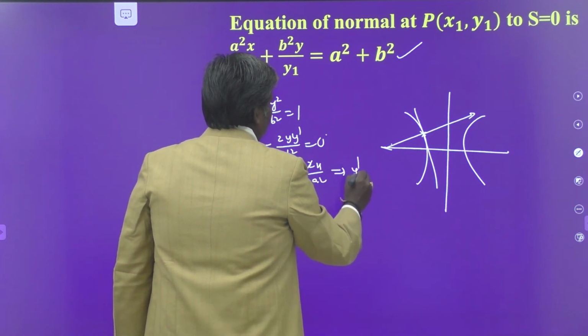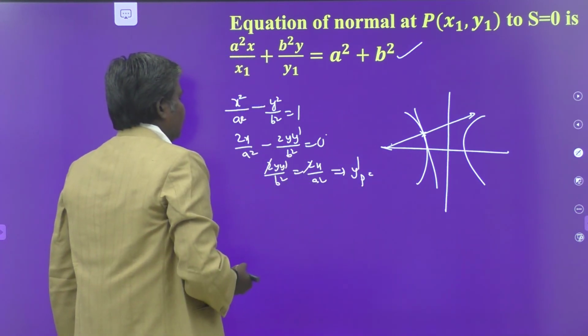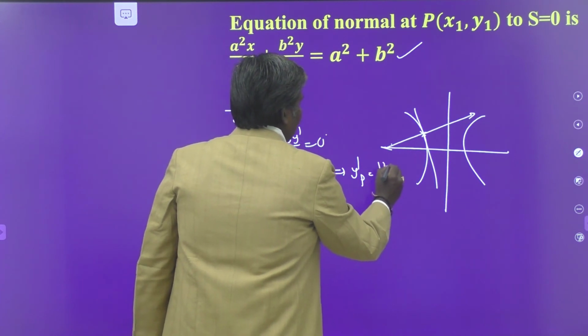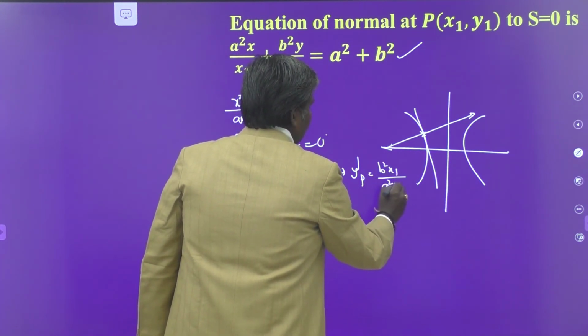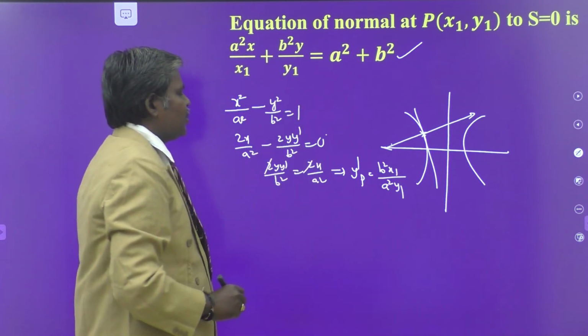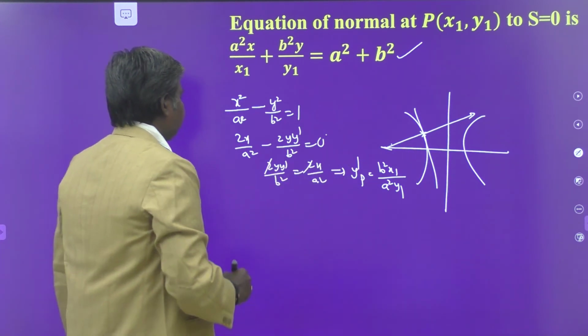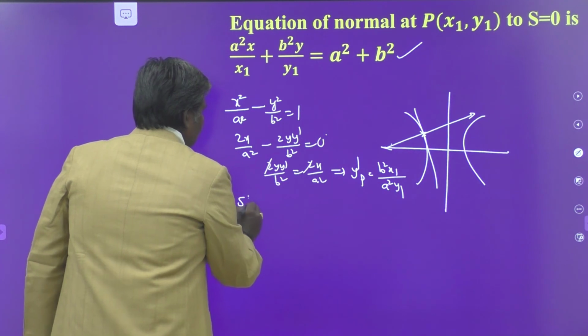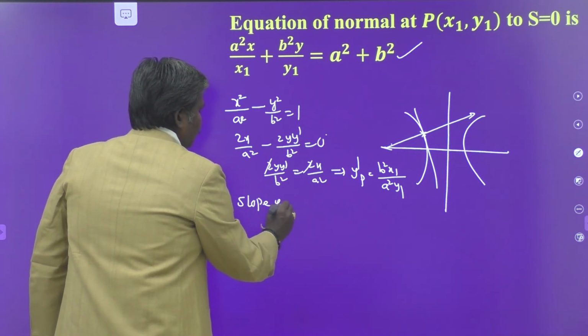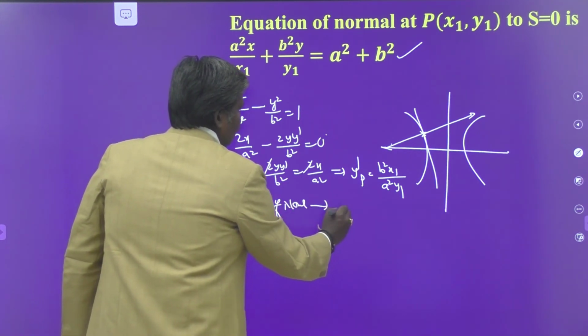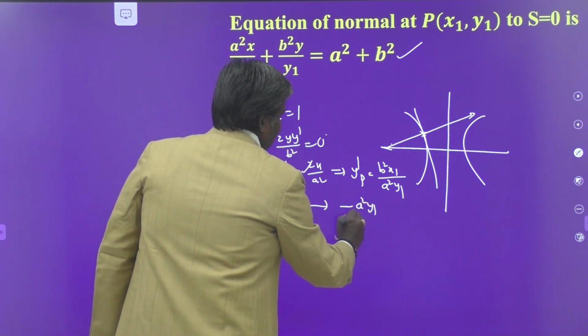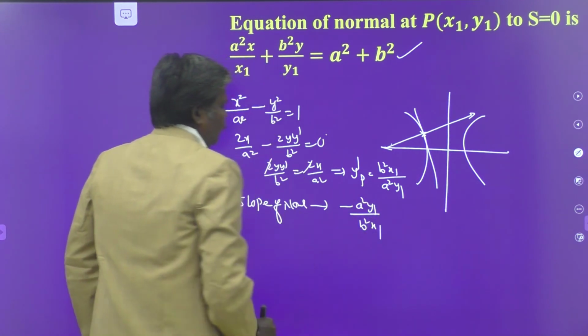Implies the slope of tangent at that point is what? b square x1 by a square y1. y dash at P is b square x1 by a square y1. Now slope of normal becomes what? Minus a square y1 by b square x1.